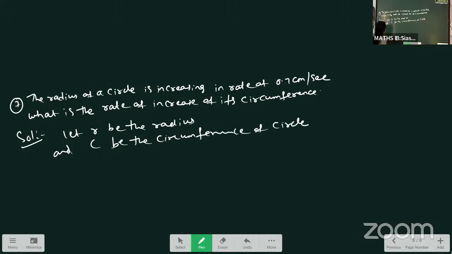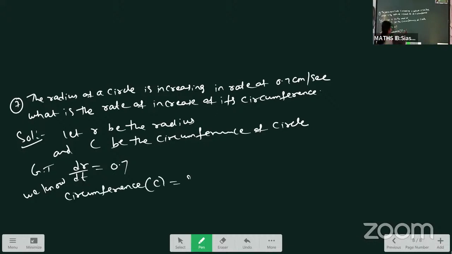So first, what is given? The rate of change in the radius, dr by dt, is equal to 0.7. We know the circumference C is equal to 2 pi r.